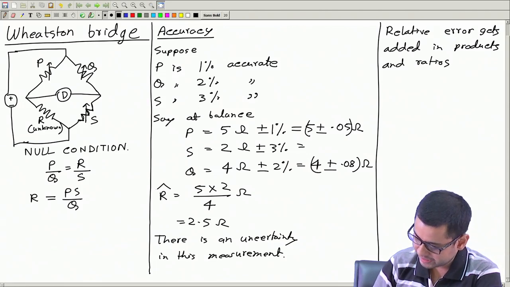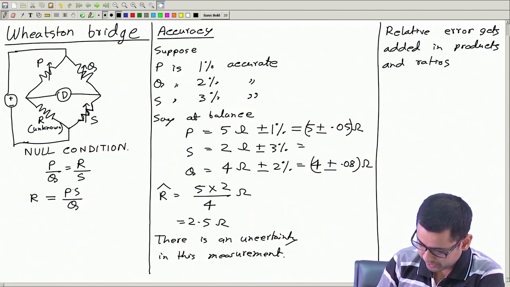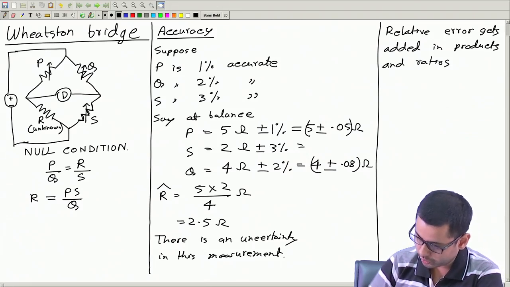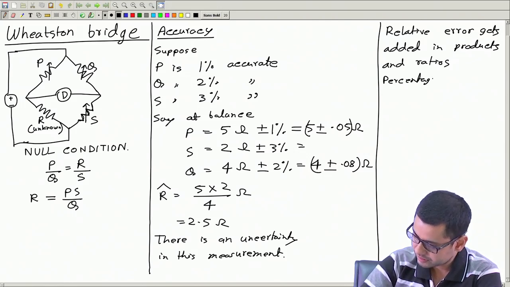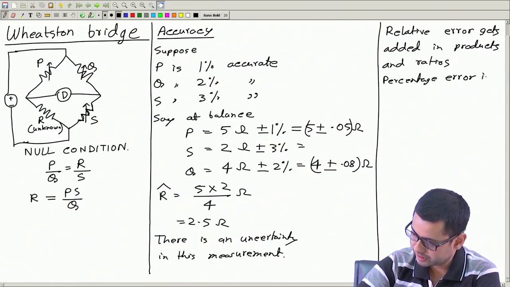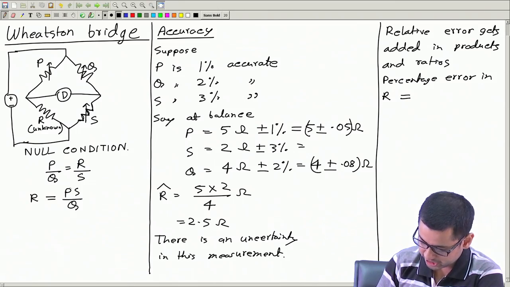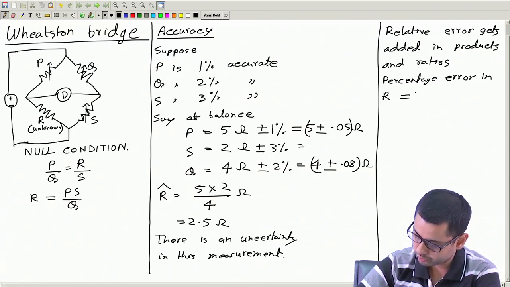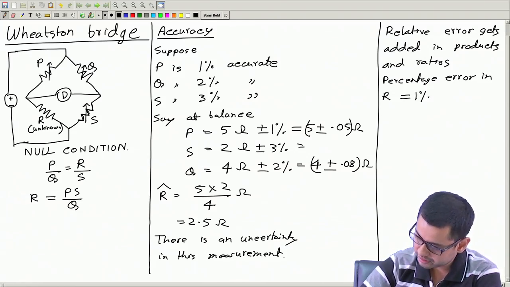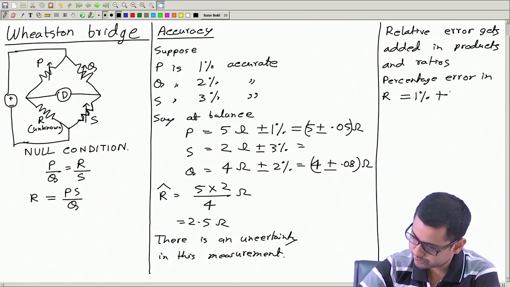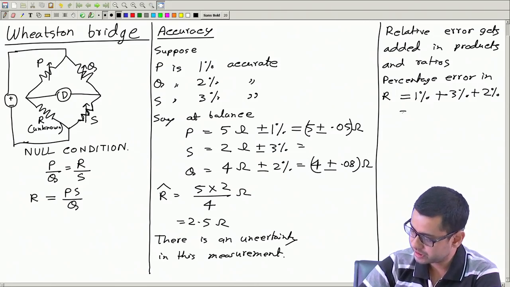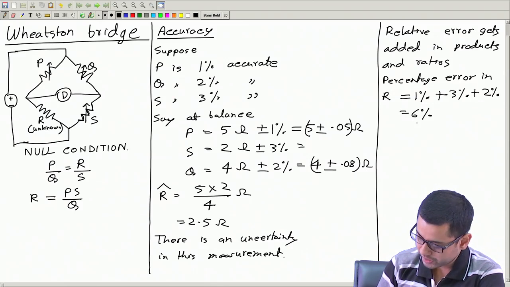Here R is estimated as the product PS divided by Q. Therefore, the percentage error in the measured value of R will be given by percentage error of P plus percentage error of S plus percentage error of Q, which is 1% for P plus 3% for S plus 2% for Q, which is 6%.